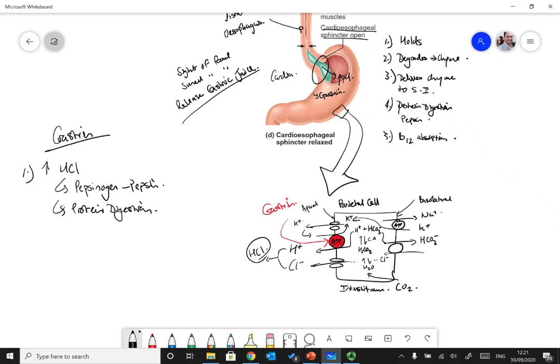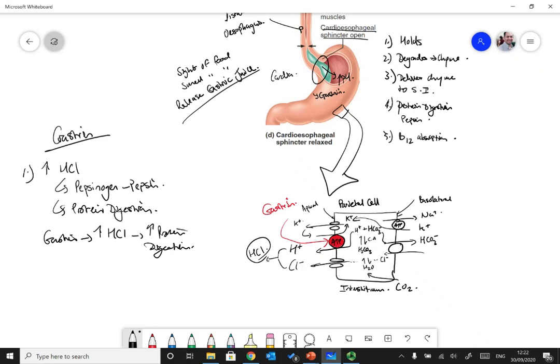Now, there's an interesting thing that goes on here. You get a little feedback loop. So what you get is hydrochloric acid. Gastrin causes the release of hydrochloric acid, which causes protein breakdown, protein digestion.